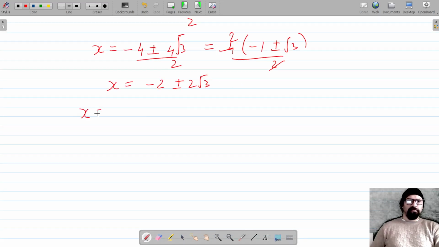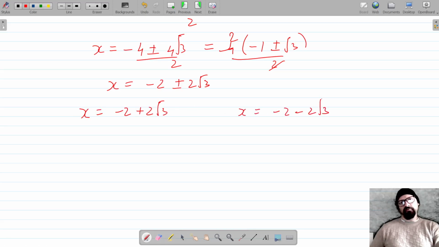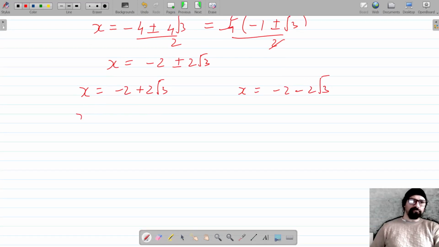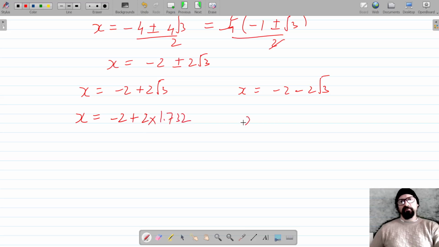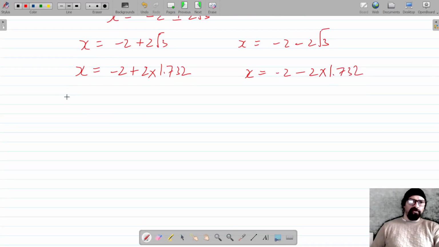So either x is equal to negative 2 plus 2 root 3, or x is equal to negative 2 minus 2 root 3. Now the value of root 3 is 1.732, and we have to calculate this.